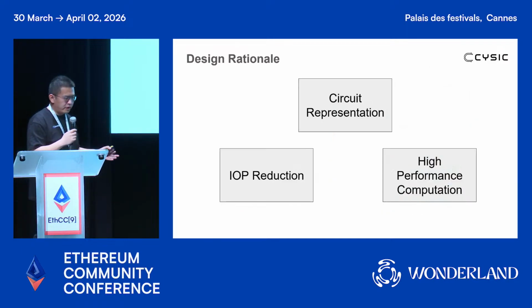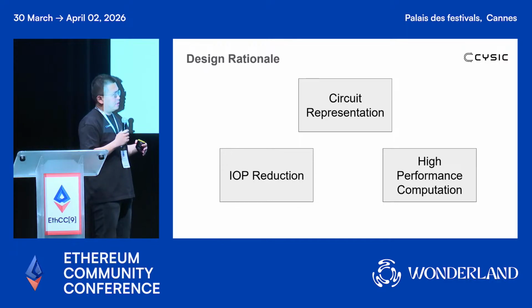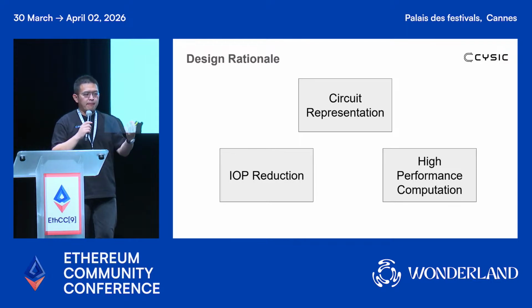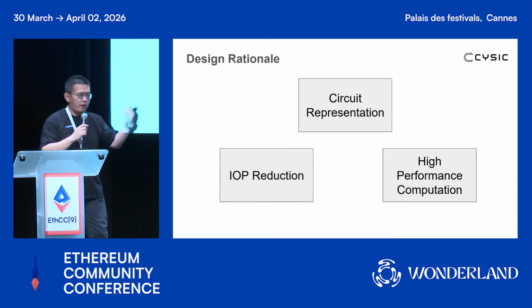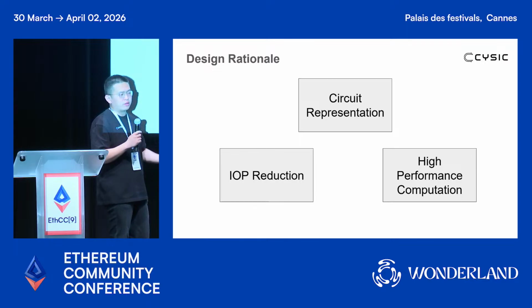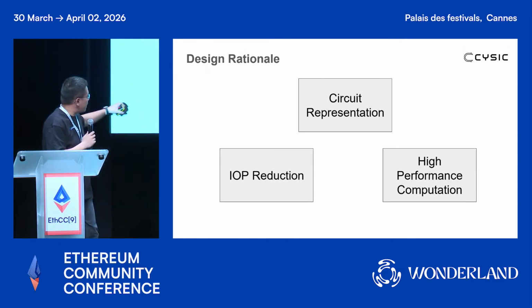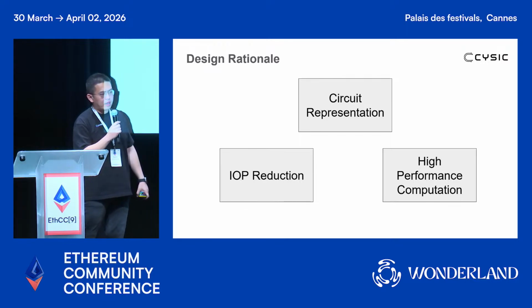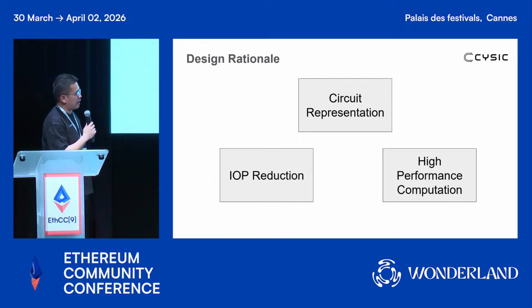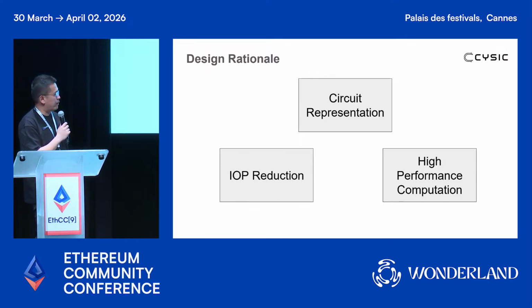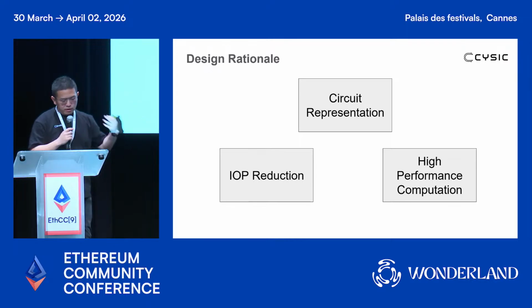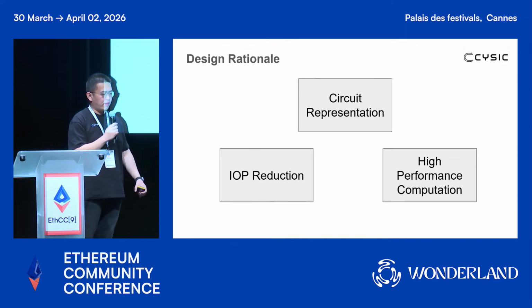So in our design, we have 3 parts. The first is a circuit representation, which is mainly used by the end user. We try to make it easier for the end user to use. The second is ILP reduction, which cares about the correctness or the soundness of your ZKVM. And then there is high performance computation, where we just want to achieve the kernel as fast as possible.